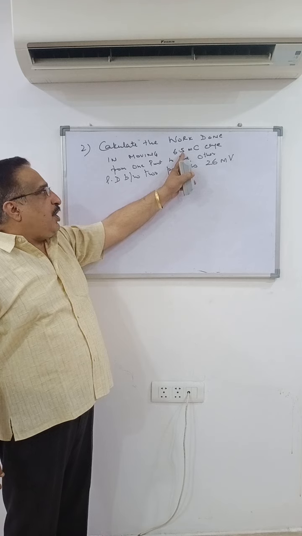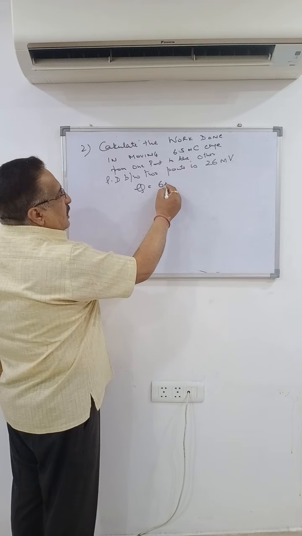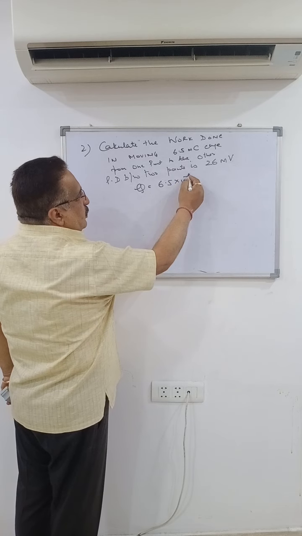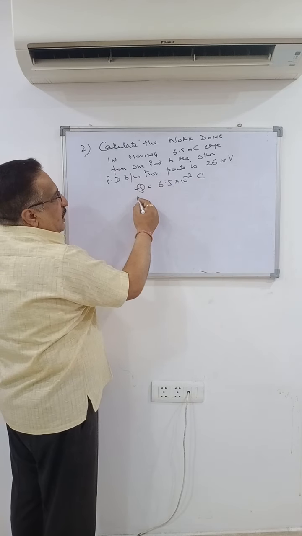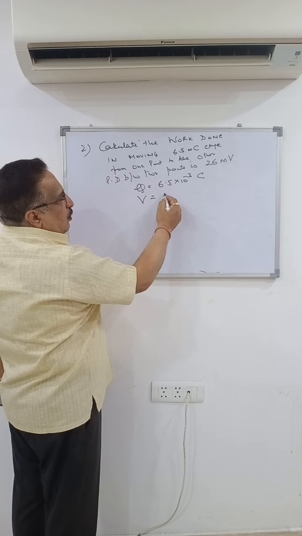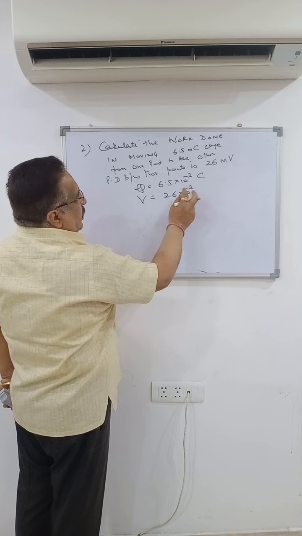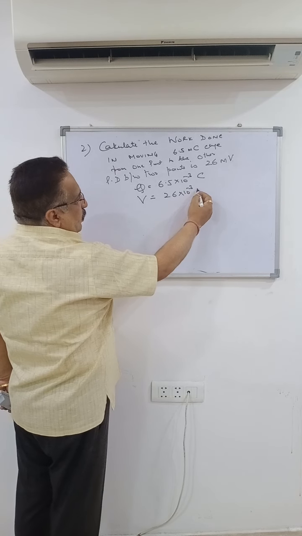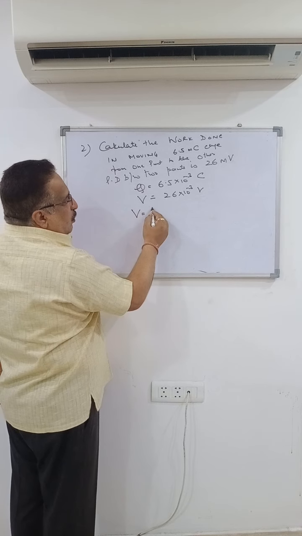Charge of 6.5 millicoulombs. So that means Q is 6.5 into 10 raised to power minus 3 coulombs. What is the voltage given to you? V is equal to 26 into 10 raised to power minus 3, this is volts. So what is V equal to?